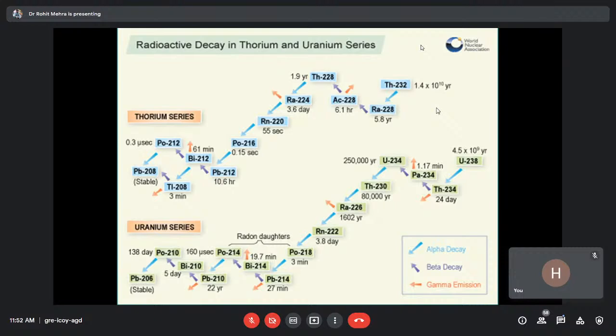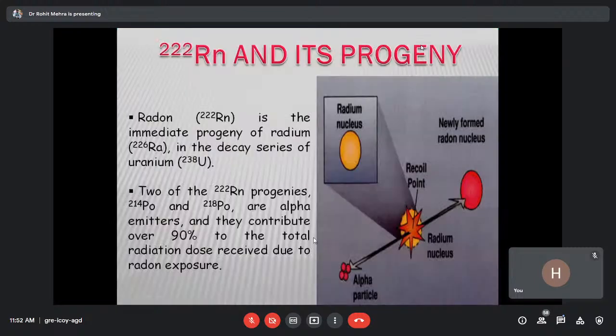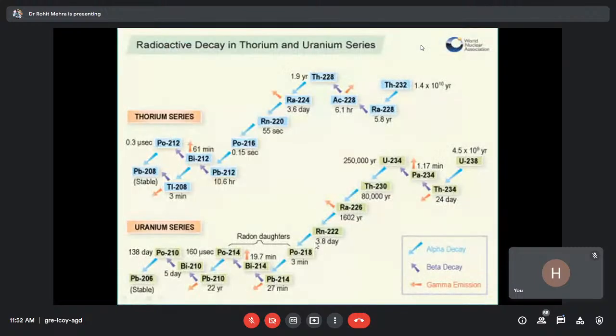Now, if you see this series, once a decay occurs, we have an element called radon. Now, radon further decays to form two daughter products in which we are interested, that is polonium-218 and polonium-214. These two daughter products are very important in the study of radon.